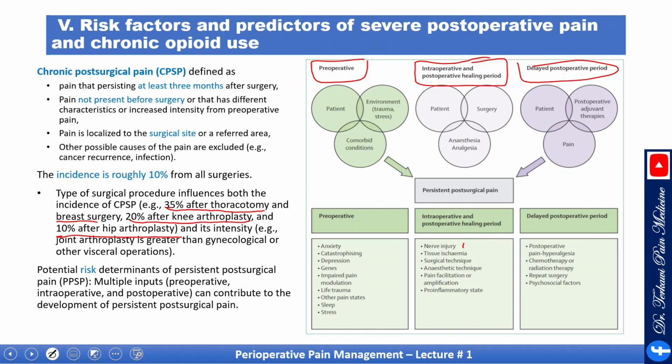If you have severe acute post-surgical pain, then that's the most important predictor of chronic post-surgical pain.